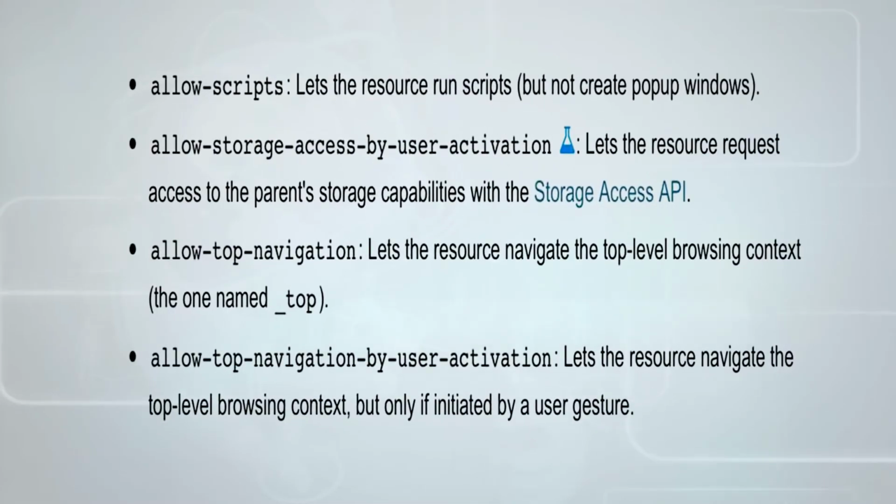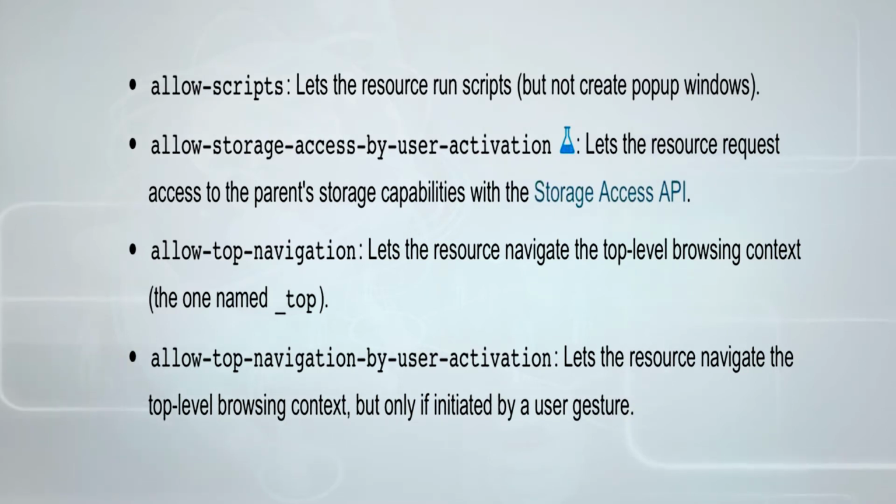Then we have several controls such as allow scripts, allow storage access by user activation, allow top navigation and allow top navigation by user activation. Allow scripts lets the resource run scripts but not create pop-up windows. Allow storage access by user activation lets the resource request access to the parent's storage capabilities with the Storage Access API.